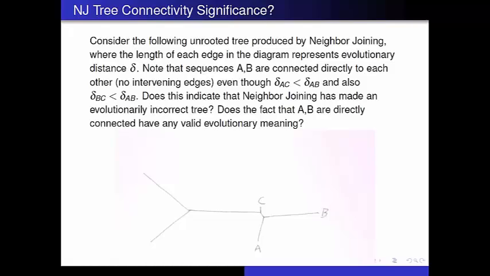The algorithm should recover the same topology regardless of how much you stretch or shrink any given edge, independent of the other edges. So it is certainly possible that the mutation rate might have been very low here, so that this might actually be a really long period of time, but it shows up as a short distance within the tree, whereas this might have actually been a much shorter period of time, but maybe the mutation rate was much higher then, so it looks like a longer distance, okay?